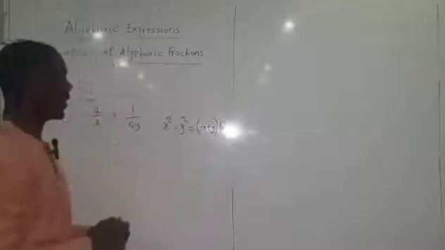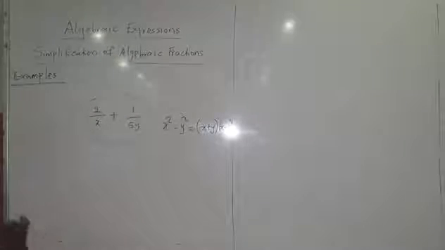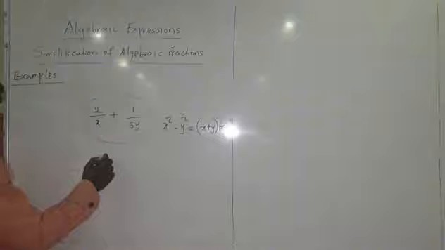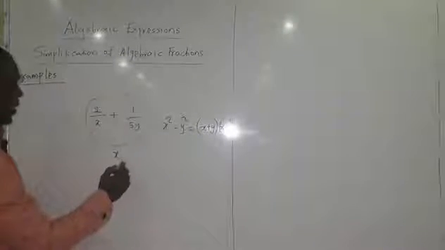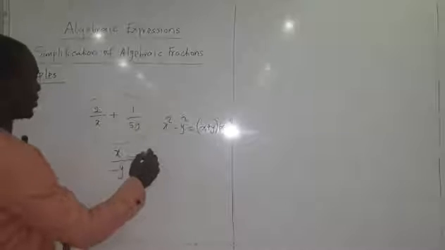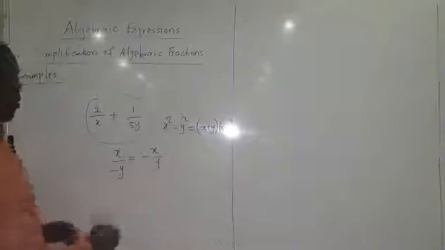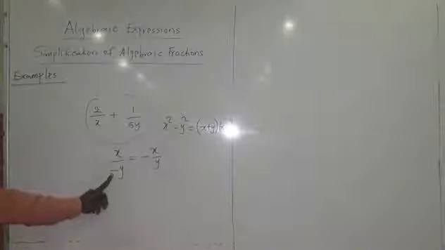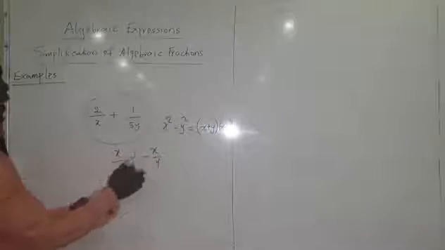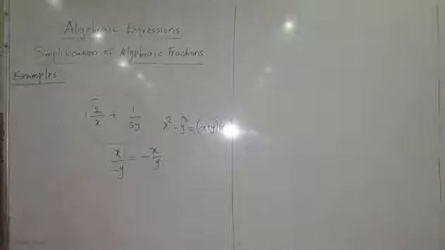So we call this difference of 2 squares. And we should also know that minus x over y is the same thing as x over minus y. You can see our minus is at the denominator, so you can bring it to the middle as x over minus y.